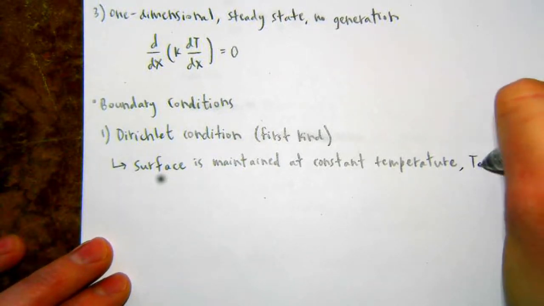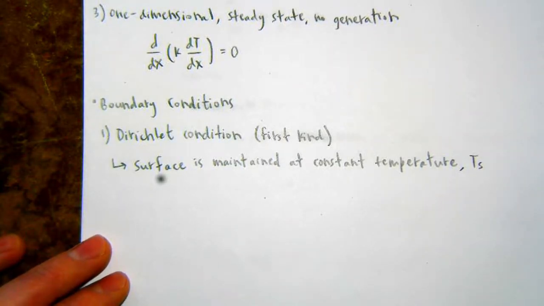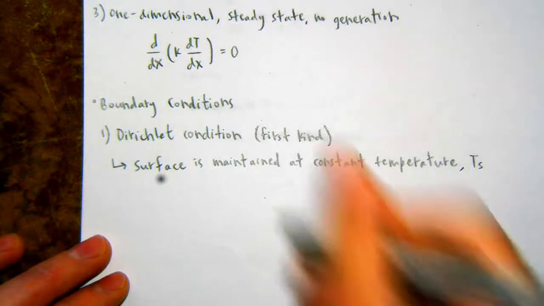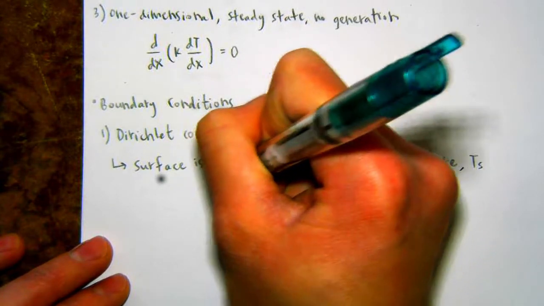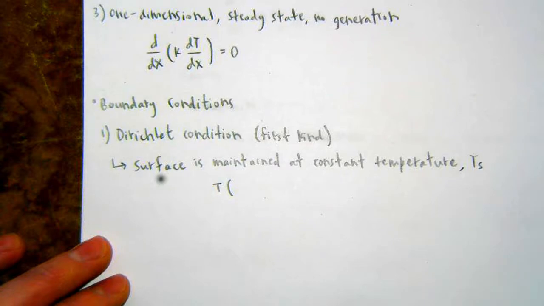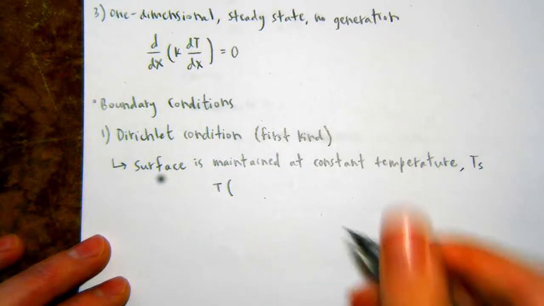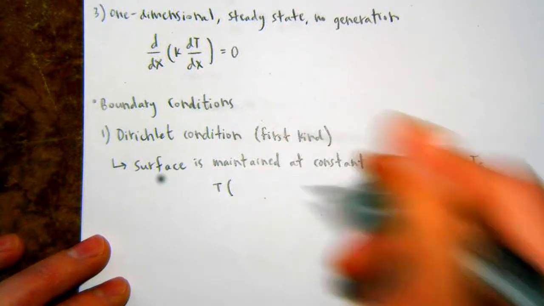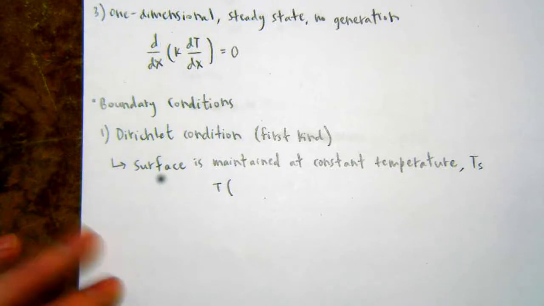We'll call that temperature T sub S. And then specifying the boundary conditions mathematically, we're just going to assume a one-dimensional system and assume that we're applying the boundary condition at x equals 0, but it could be applied at x equals L or some different surface. And it would be the same if it was just one-dimensional in the y direction.